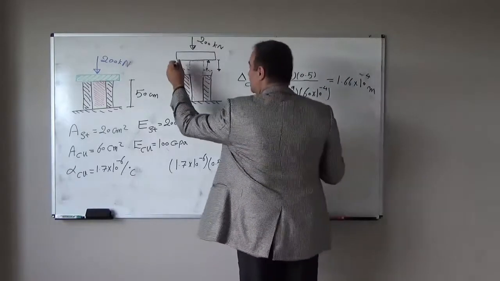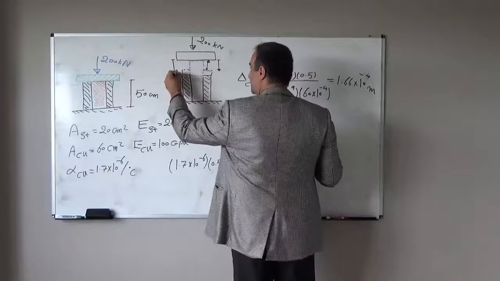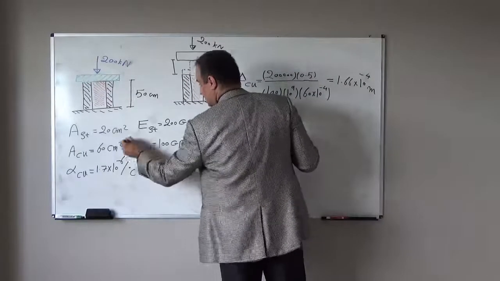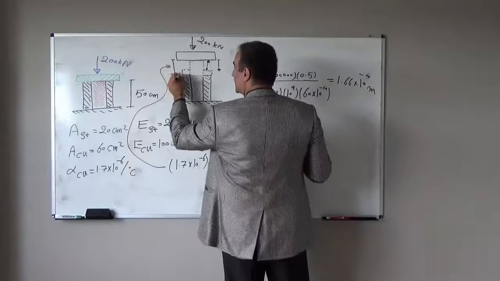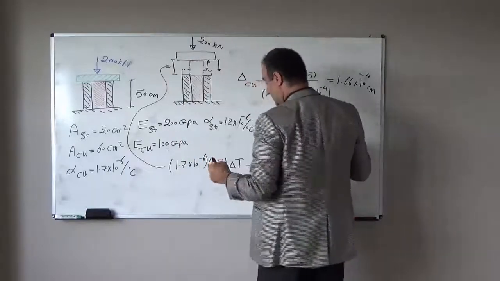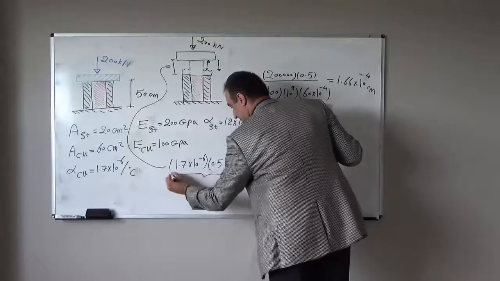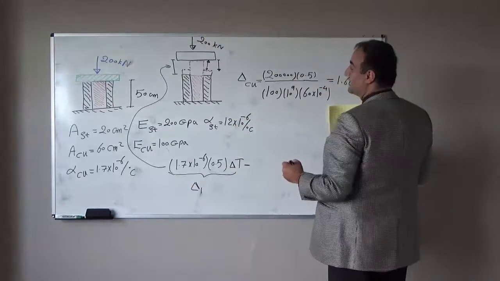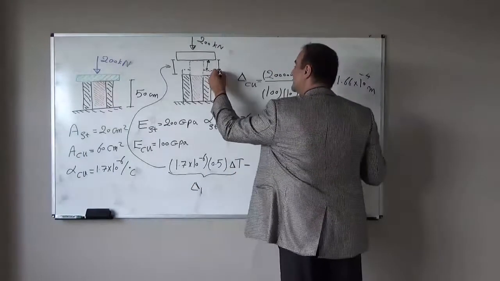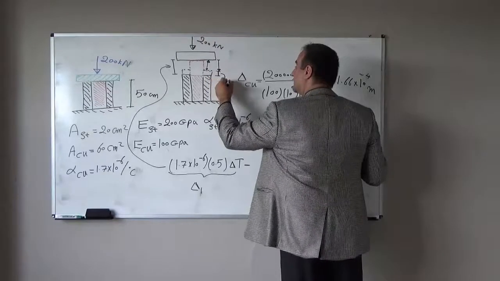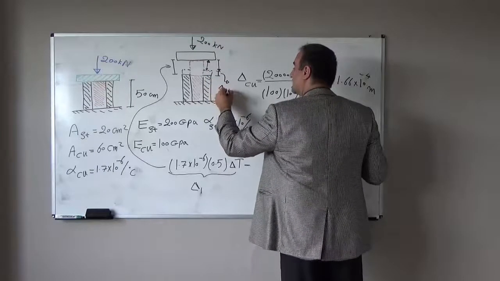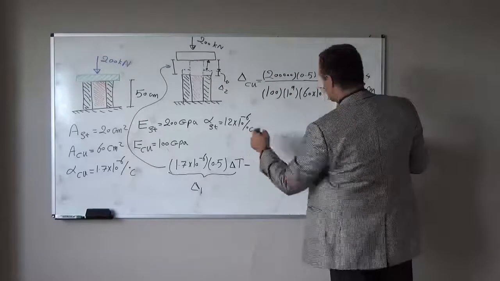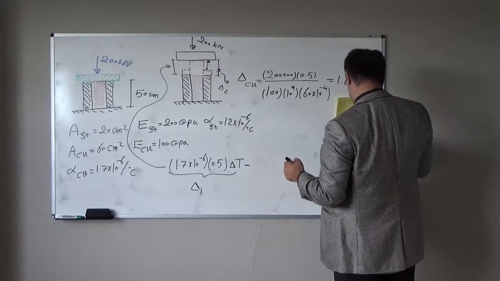So the entire deformation of the copper because of that temperature change, I show with this one, we call it delta 1, minus deformation of the steel, delta 2, because of temperature change, will be thermal expansion coefficient.